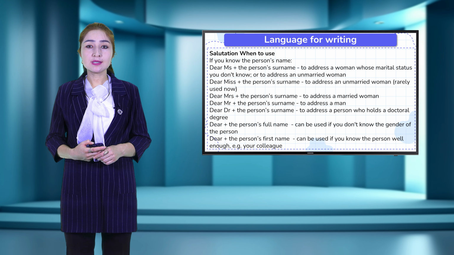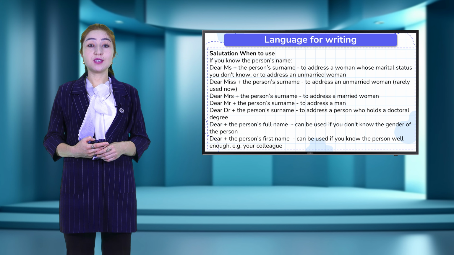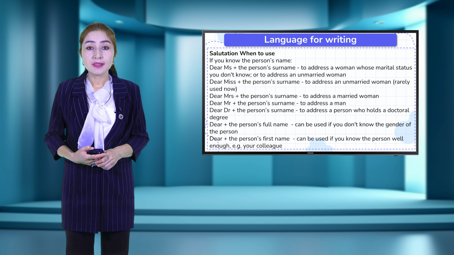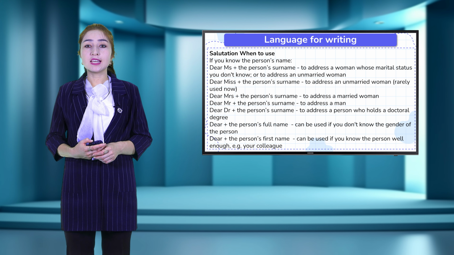To address an unmarried woman, you can say "Dear Miss" followed by the person's surname.